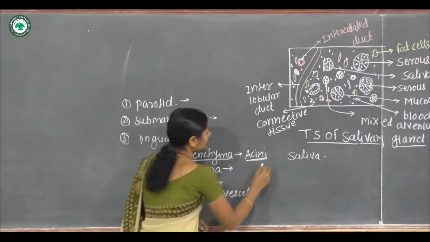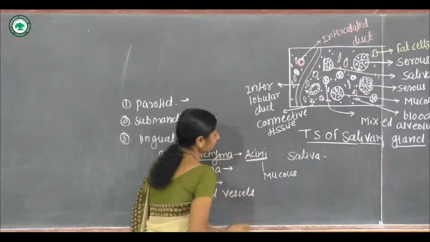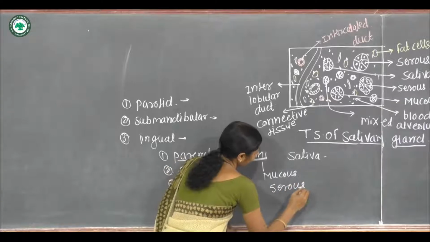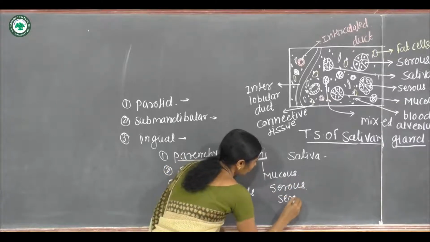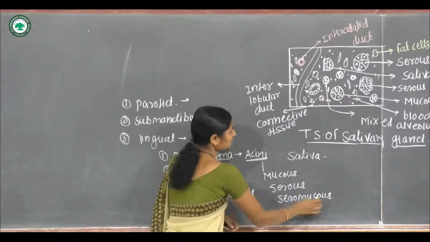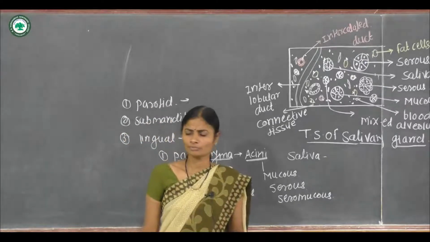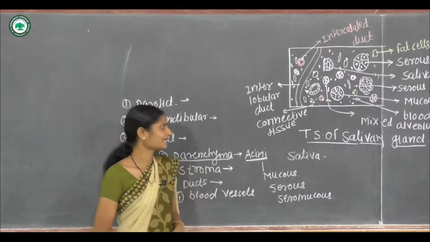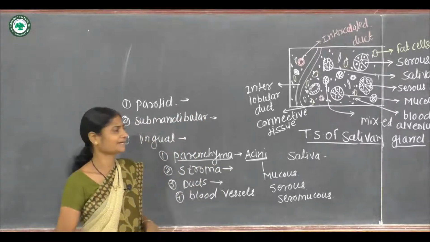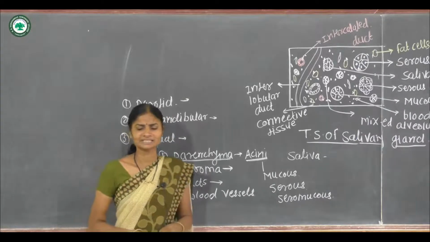First is the mucous alveoli, second is the serous acini, and third is the seromucous acini, which is called the mixed type of acini. In salivary glands, the different types present are parotid, submandibular and sublingual glands.